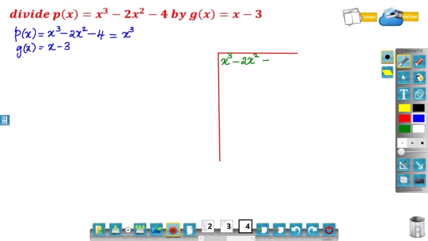So x cube minus 2x square, term with variable x is not there, so write plus 0x minus 4. Now g of x is in the standard form, so keep as it is. Now x cube minus 2x square plus 0x minus 4. Divisor is x minus 3.